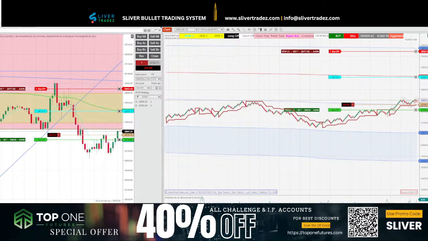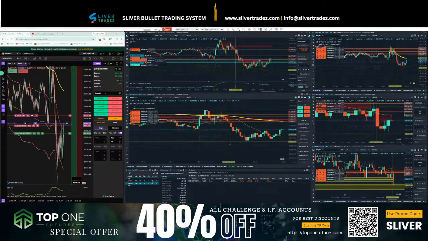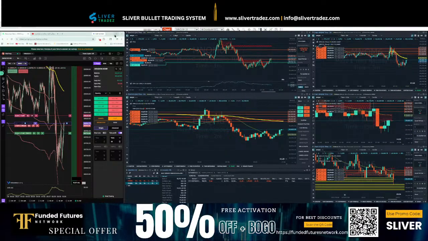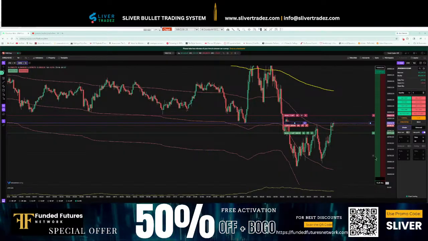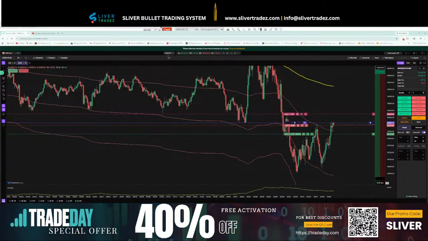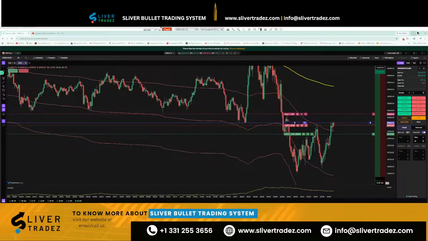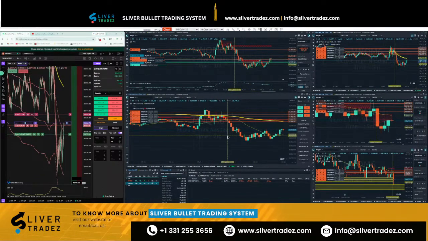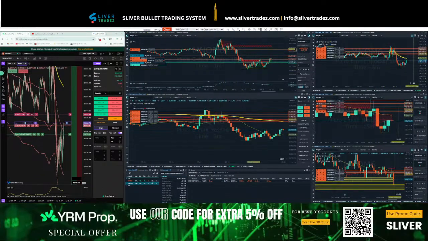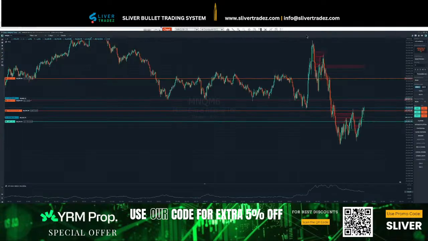So a couple of trades are open here, and a couple of trades on Quantower and YRMD. So this is the trade that's open.